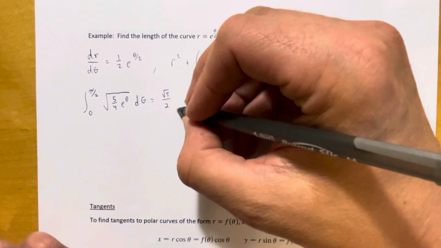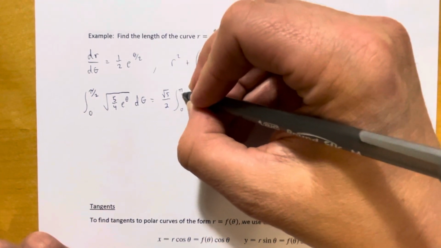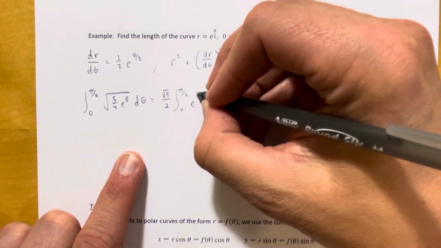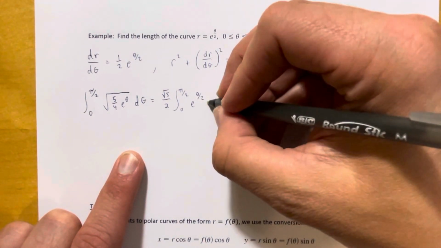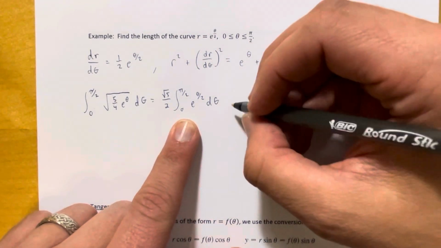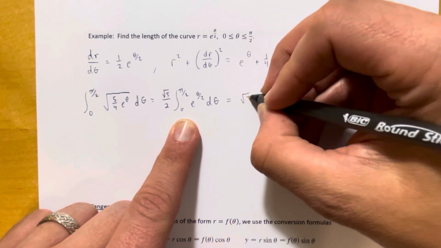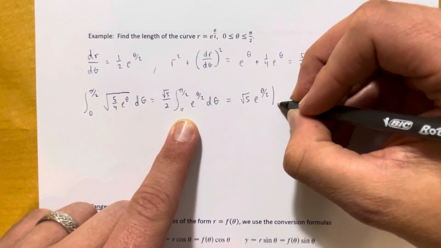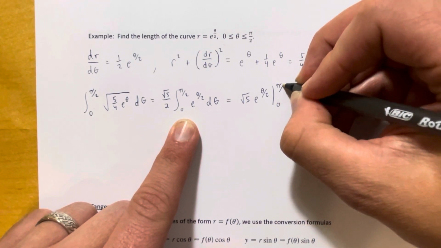That comes out, from 0 to π over 2. And then the square root of e to the θ is just e to the θ over 2. Using rational exponents, it's easy to come up with that. This is pretty straightforward to integrate. I'm going to get root 5 e to the θ over 2, and we evaluate this from 0 to π over 2.